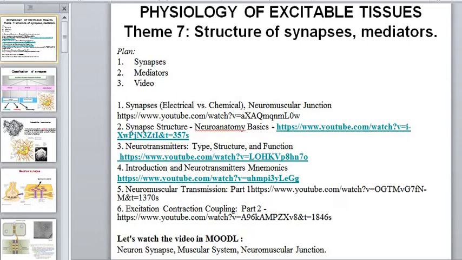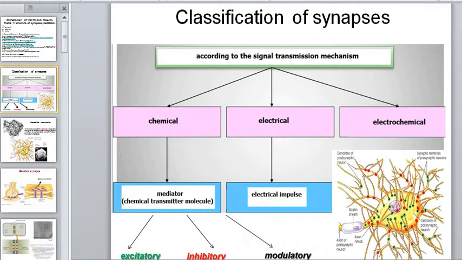You see a neuron synapse, muscular system synapses, and neuromuscular junction. And let's start studying it from the classification of synapses.